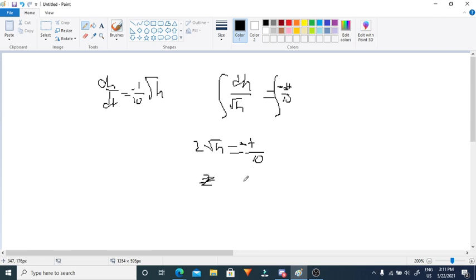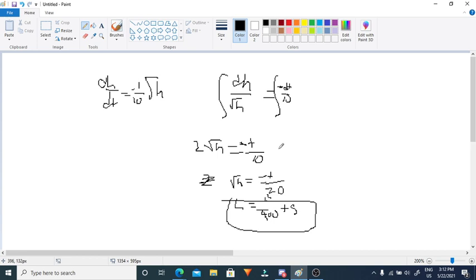So we'll divide by 2. It's going to be root h equals negative t over 20. And then square both sides. h equals t squared over 400. And we know when t equals 0, h equals 5. So that means the constant is plus 5. And this is our answer.